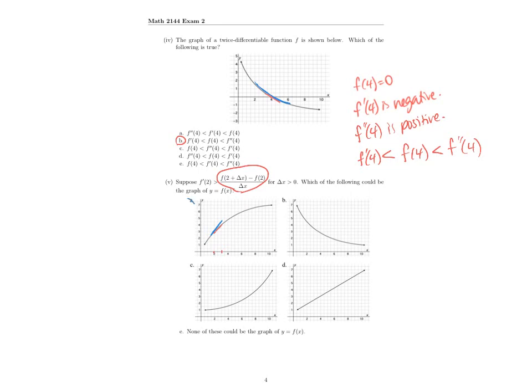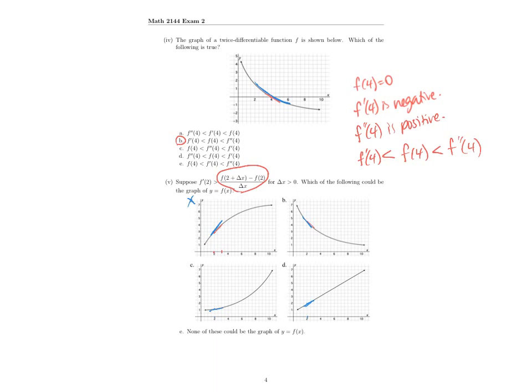So I would say it's not A. Let's draw the tangent line at 2 here. And I'll just draw the tangent line for each of these. Okay. And then for this one, if I draw the secant line, I get that.